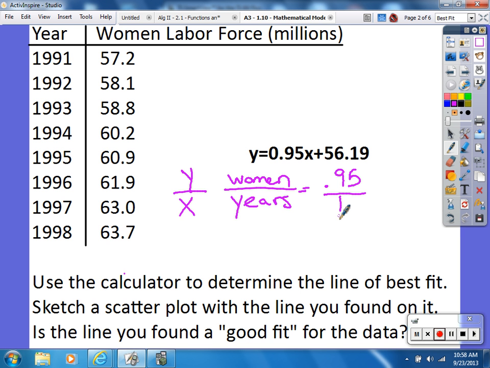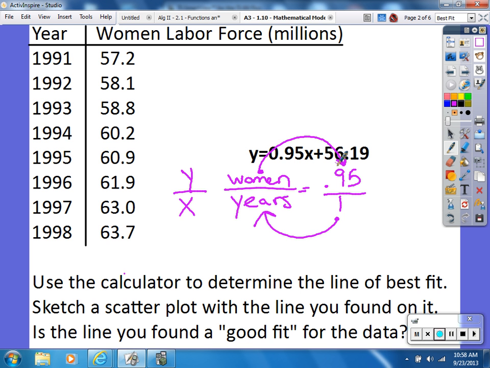Okay. So now we're going to try to put this in words. Are you ready? For every 1 year, the amount of women increased by 0.95 million. So, for every 1 year, the amount of women increased by 0.95 million.